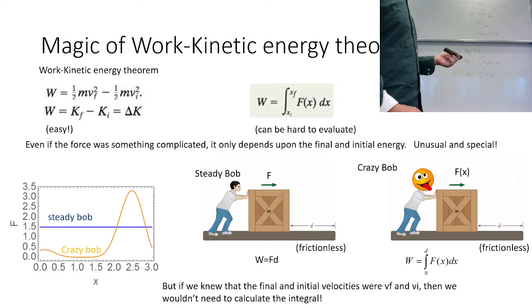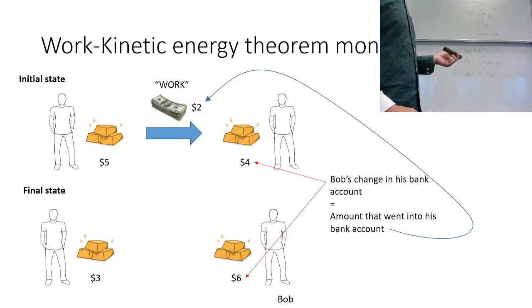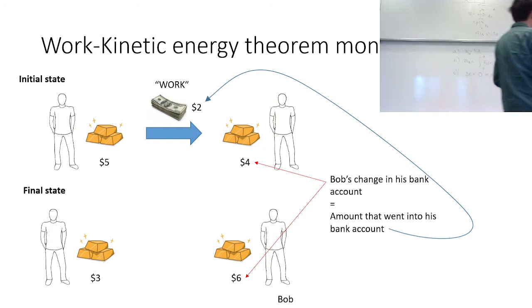And I think you can understand this from the perspective of the bank account analogy. Essentially, in this case, the energy. It's a bit confusing with so many Bobs, but in this case, the box is this guy, right? The initial energy of the box is 0, and the final energy of the box is 0, right?